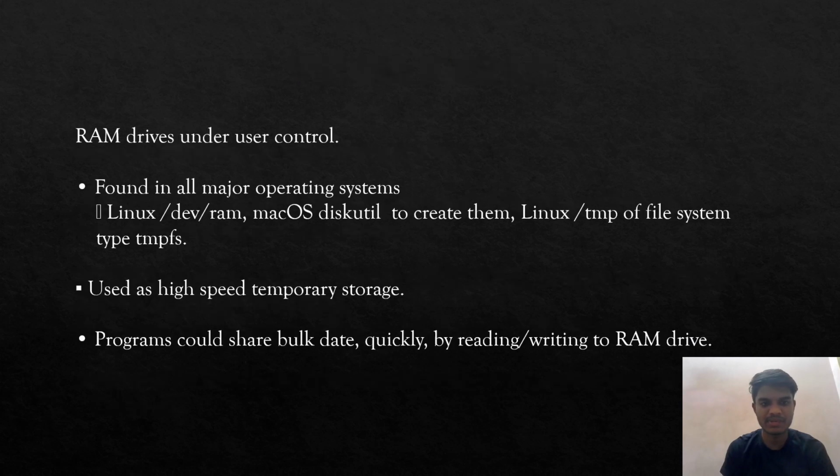RAM drives under user control are found in all major operating systems, like Linux and macOS, which has diskutil to create them. Linux has /tmp with file system type tmpfs. It is used as high-speed temporary storage, and programs can share data quickly by reading or writing to a RAM drive.